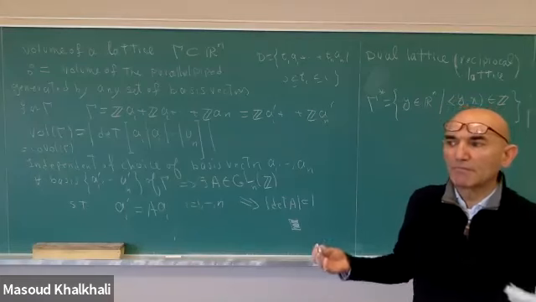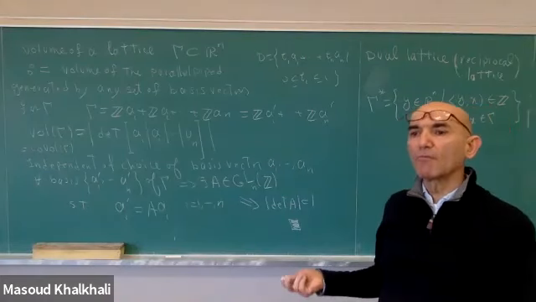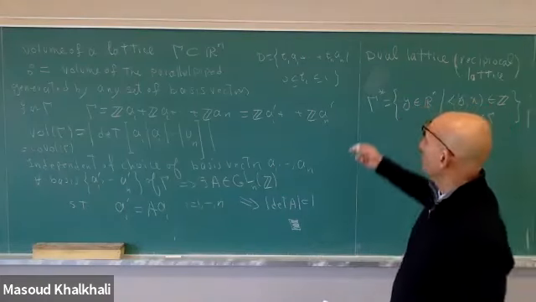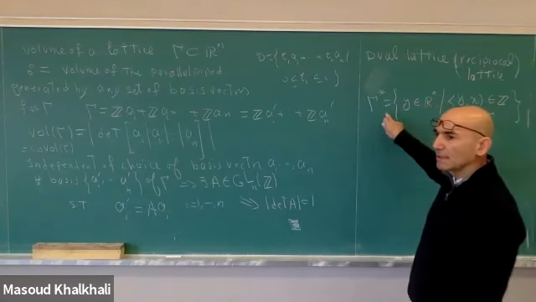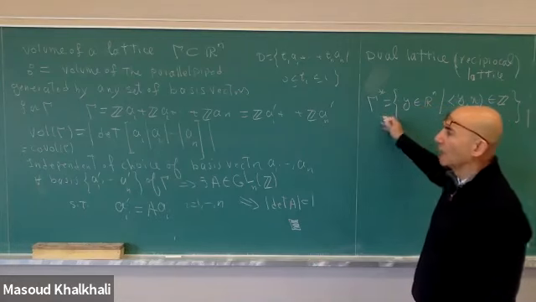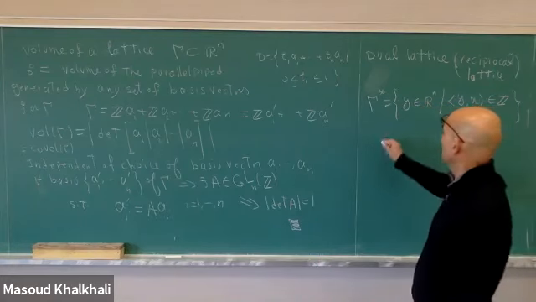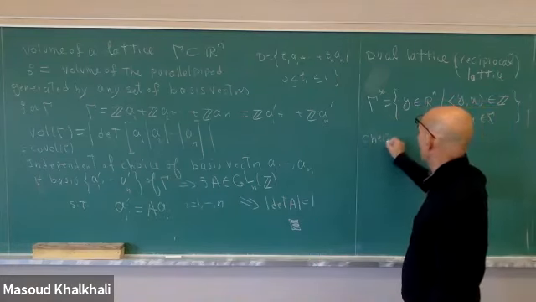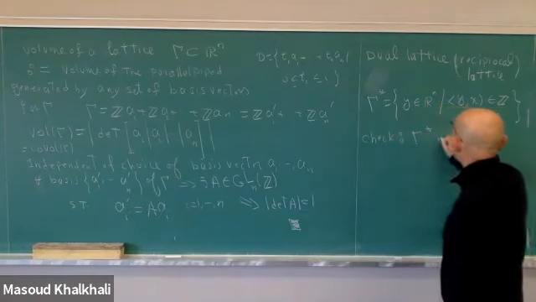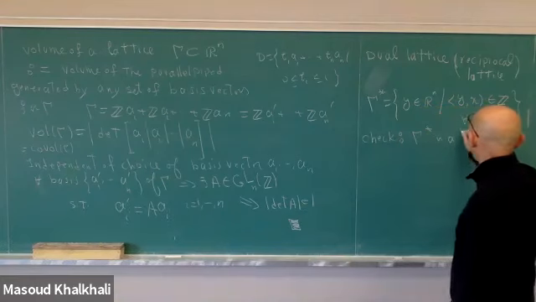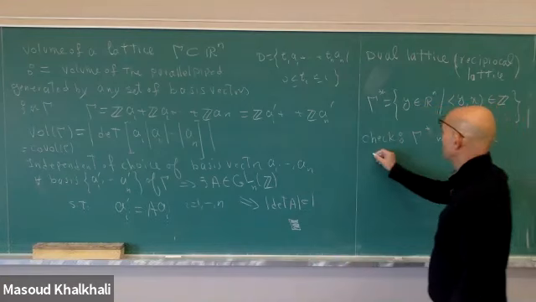We have defined a subset of Rn, which is obviously a subgroup, but then you can check that this is discrete and it's a lattice. I will leave it to you to check that gamma star is a lattice as well.